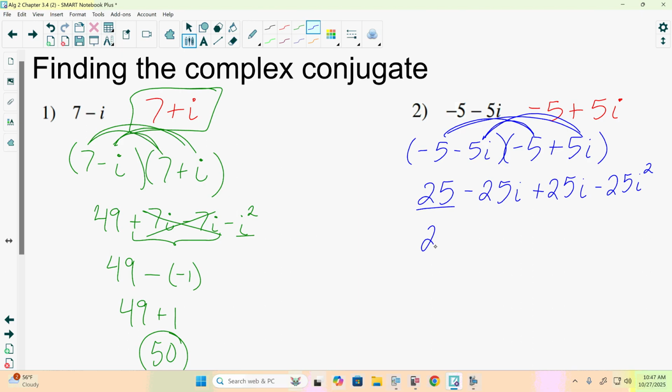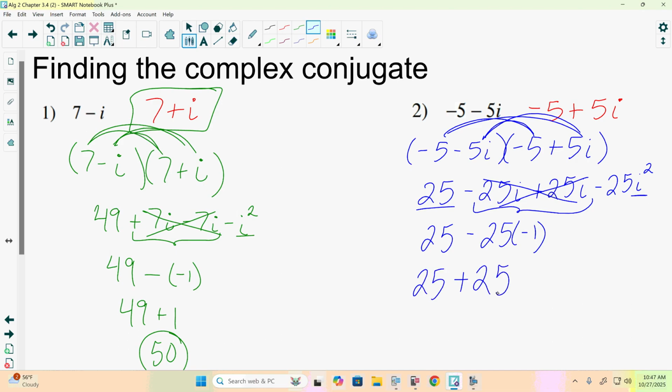Now, our first 25 here does not have any like terms. Our negative 25i plus 25i is 0. So our i terms there canceled out. Minus our i squared is still negative 1. Well, negative 25 times negative 1 is going to be positive 25. And 25 plus 25 is 50.